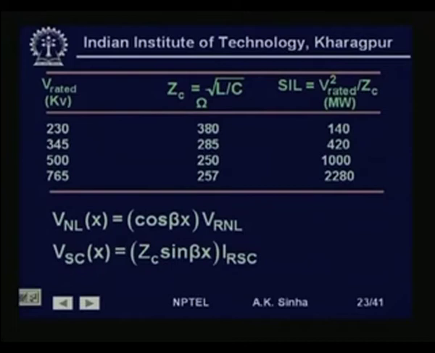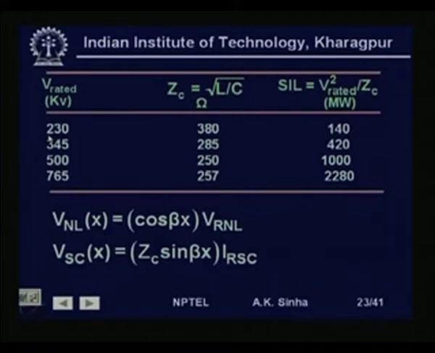Now, the surge impedance values for different voltage levels of the line are given in this table. These are typical values. They may not be exact, but they are approximately the values we have.